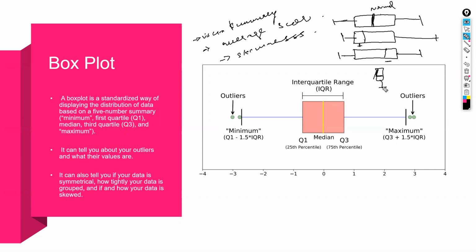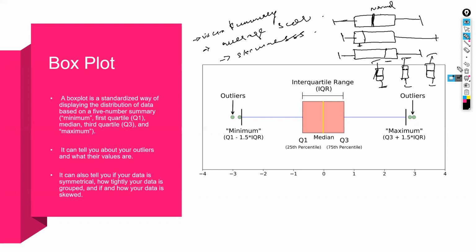So this is our positive skewness, this is our negative skewness, and this is our normal distribution. Like I told you, if the median is closer to the top of the box and the whisker is shorter on the upper end of the box, then this is negatively skewed.